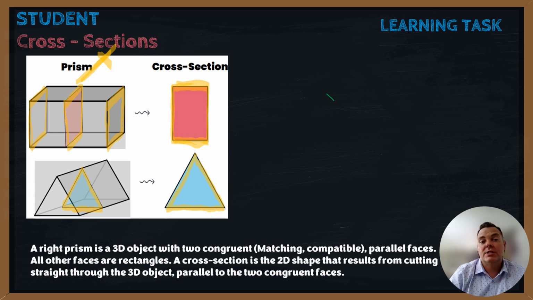Obviously, when I do the same with the pyramid, and I chop through the pyramid, the cross section is the same as its base. Okay, so I chop through that. That means that the cross section is the same as its base. So if it's a square pyramid, the cross section is still going to be that square. Okay, all right. Hope that made sense.